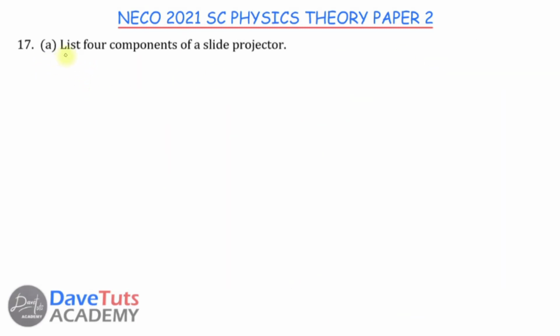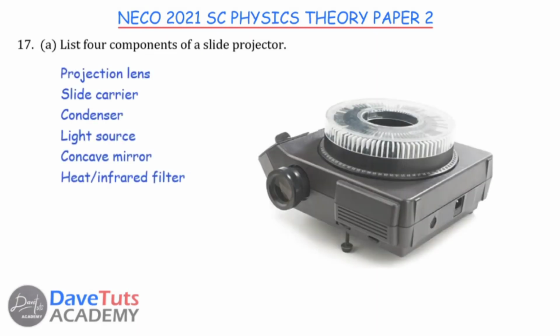Here in this question, we are asked to list 4 components of a slide projector, and this is a pictorial view of the slide projector, which is an optomechanical device. You just put in your picture slides into this slot, and then the mechanism is going to work and project those images that you have inserted onto a projecting screen.